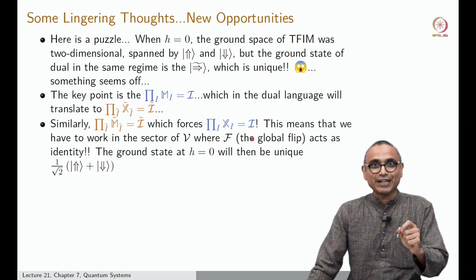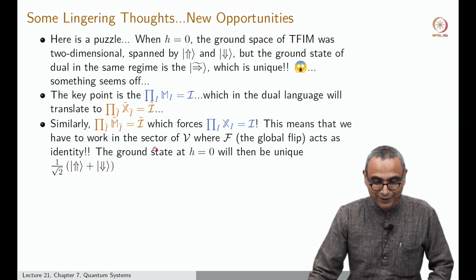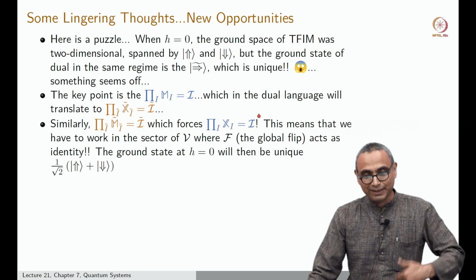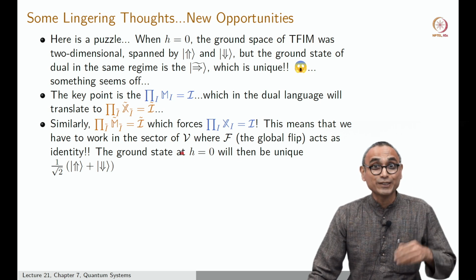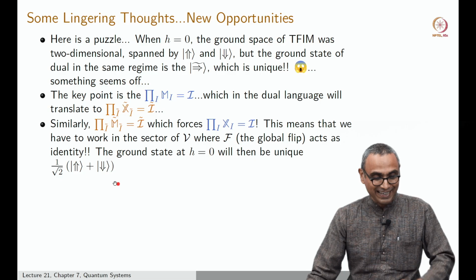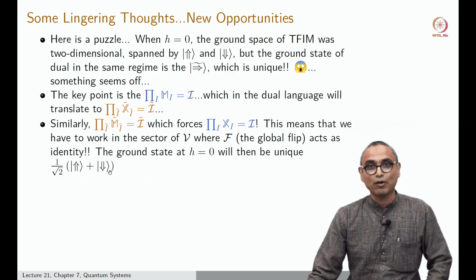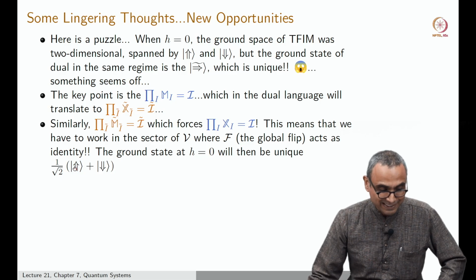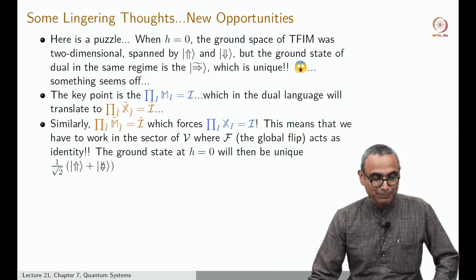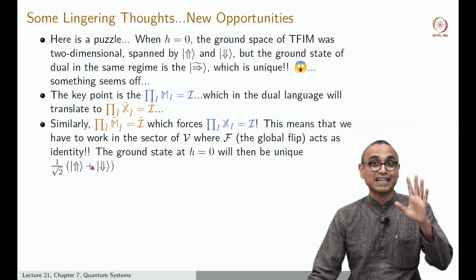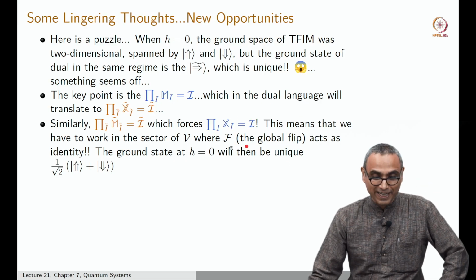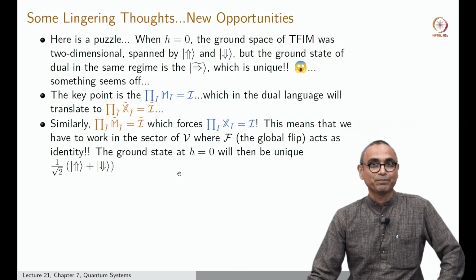So in particular, if you look for states that satisfy this condition that the flip operator acts like an identity on them, you will find that the ground state at h equal to 0 is unique and is in fact exactly this. You can of course multiply it by any phase, but that's not of much interest. But the phases between these two states have to be exactly +1. That's the main story. That is what will make it an identity representation.